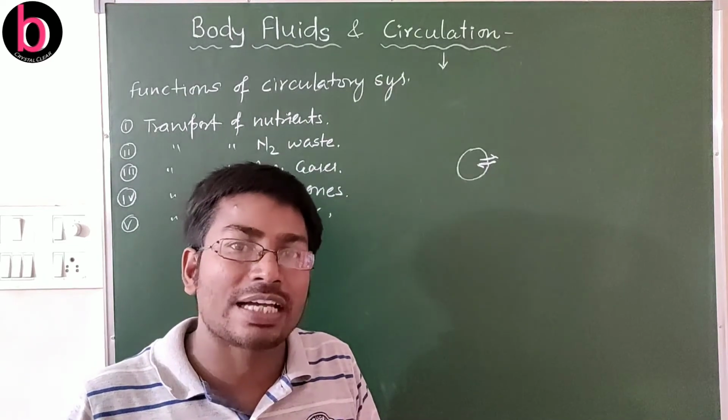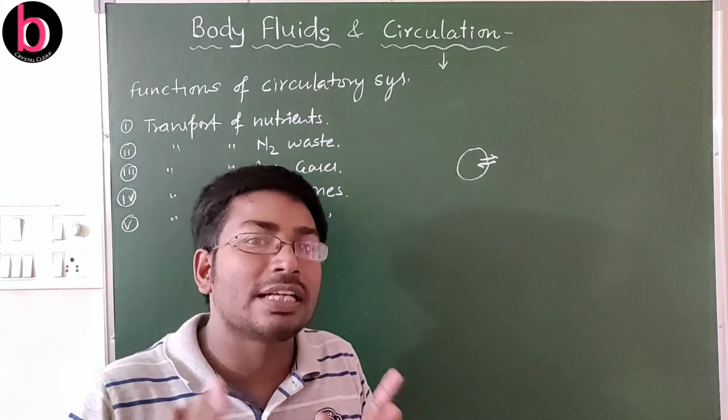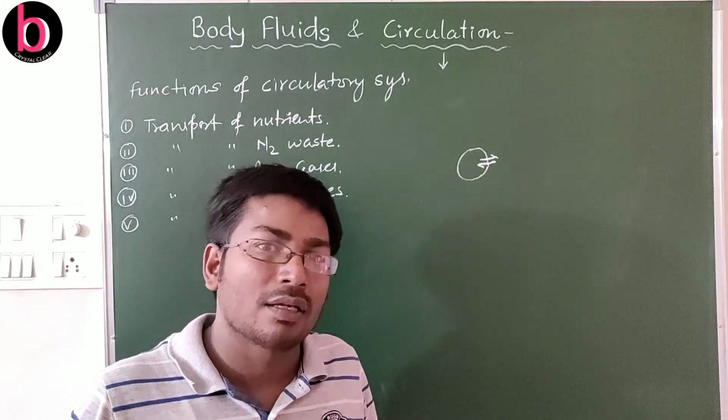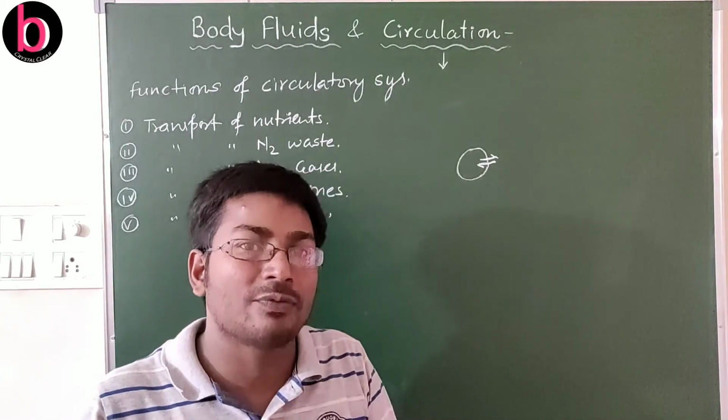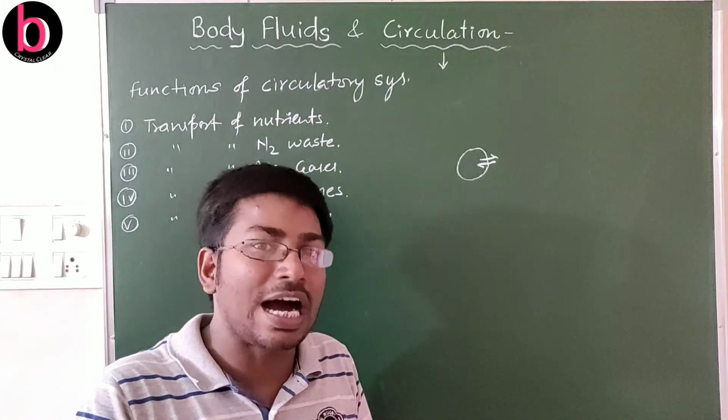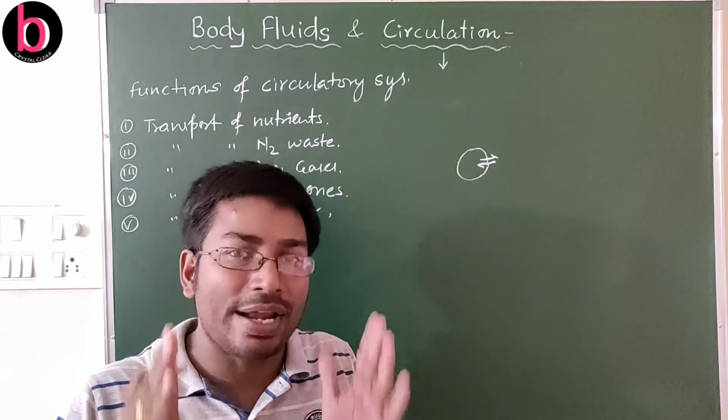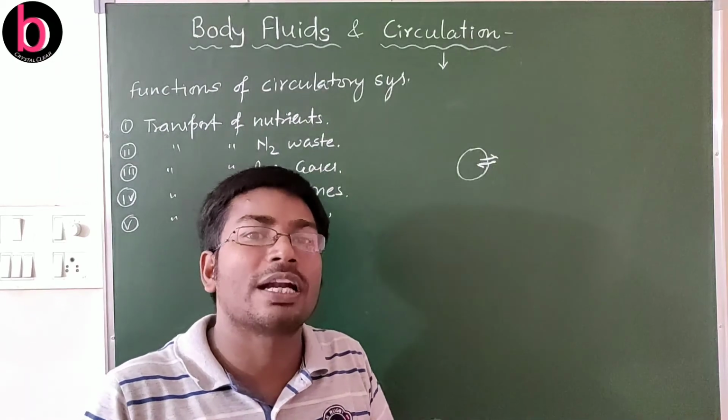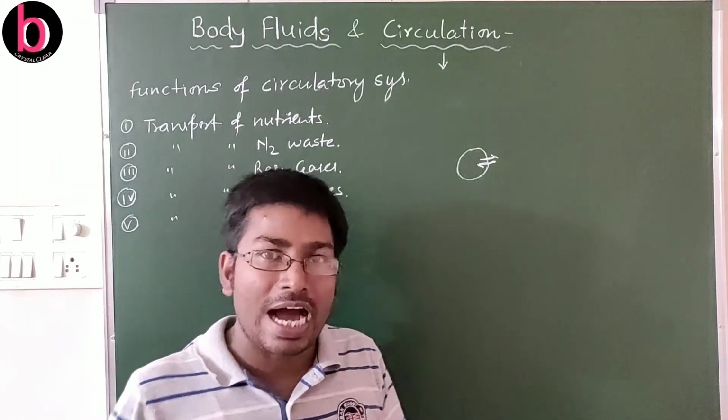For carbon dioxide transportation, 7% is by plasma, while 70% is in the form of bicarbonate ion with RBCs, and 20 to 25% is transported along with hemoglobin of RBC.